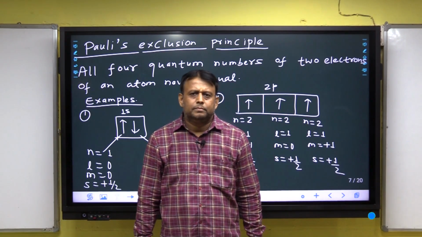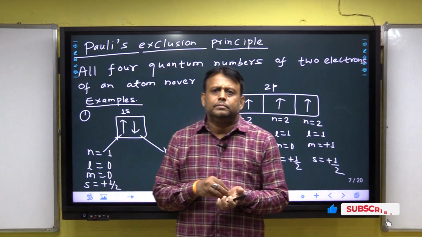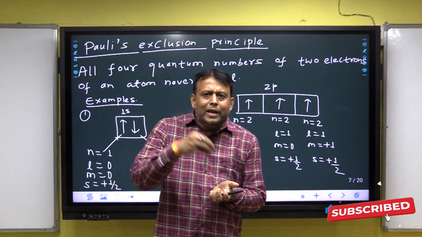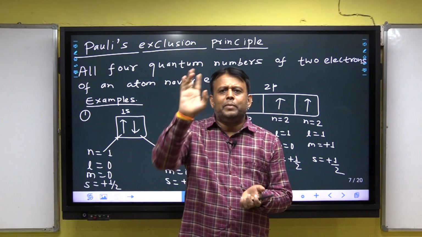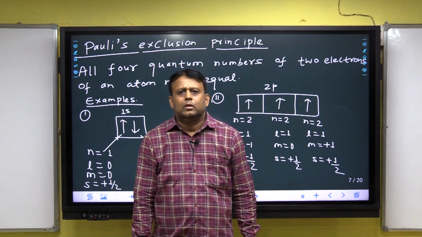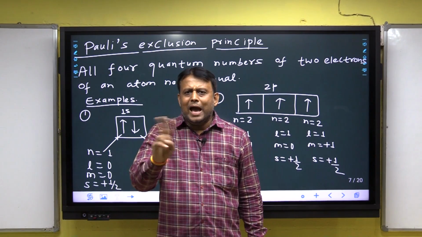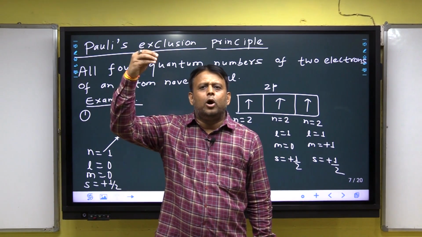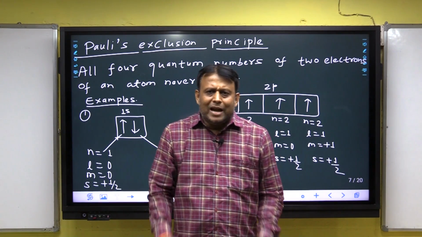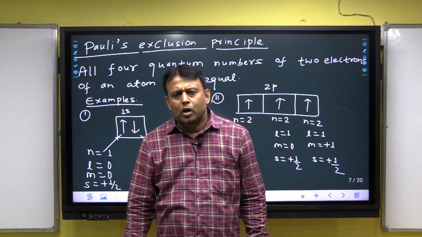I am repeating. All four quantum numbers of two electrons of an atom are never equal. In an atom, two electrons have different values of all four quantum numbers. That means all four are never equal for two electrons of an atom.